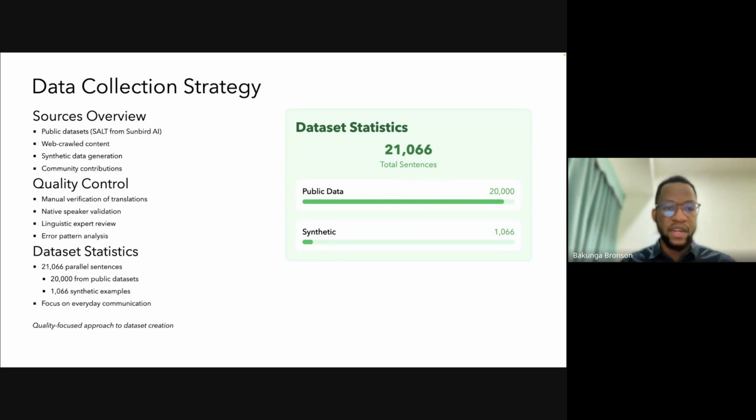Finally, the dataset we came up with has 21,066 instances. 20,000 of those are Luganda to English translation pairs, already sorted out in the SALT dataset, and the 1,000 are the ones synthetically generated with sentence-based code mixing. We could go to the next slide.